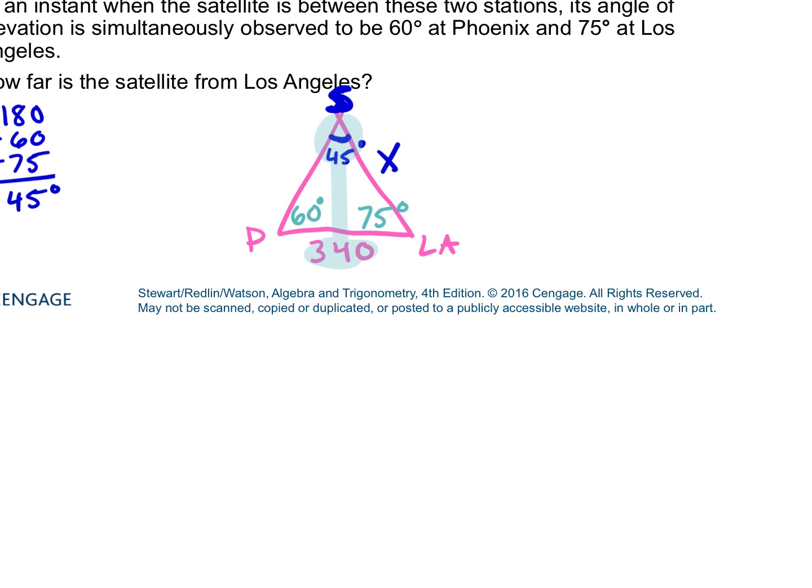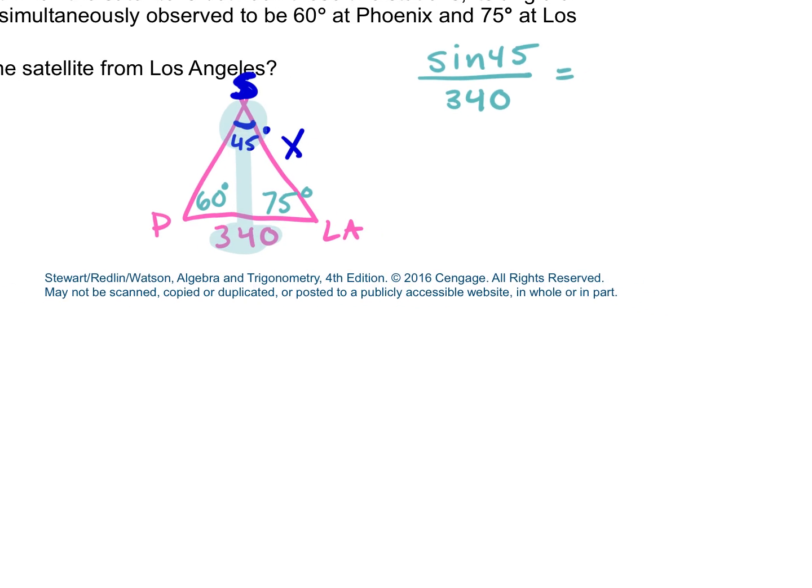So I'm going to set up my proportion using the pair that's given. That would be sine of the angle, so sine of 45 over 340 is equal to, now we're solving for x, so the other pair that I want to use is going to be these two here.